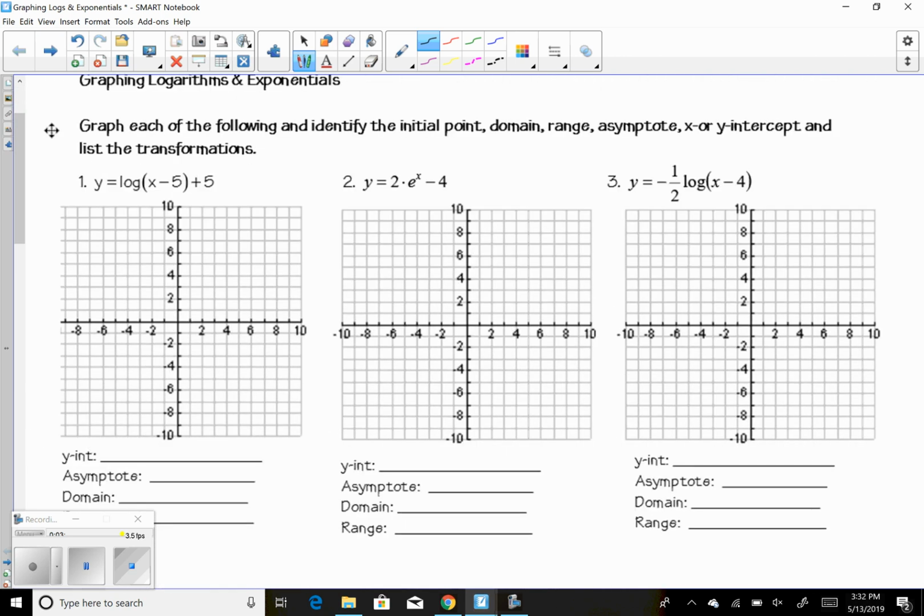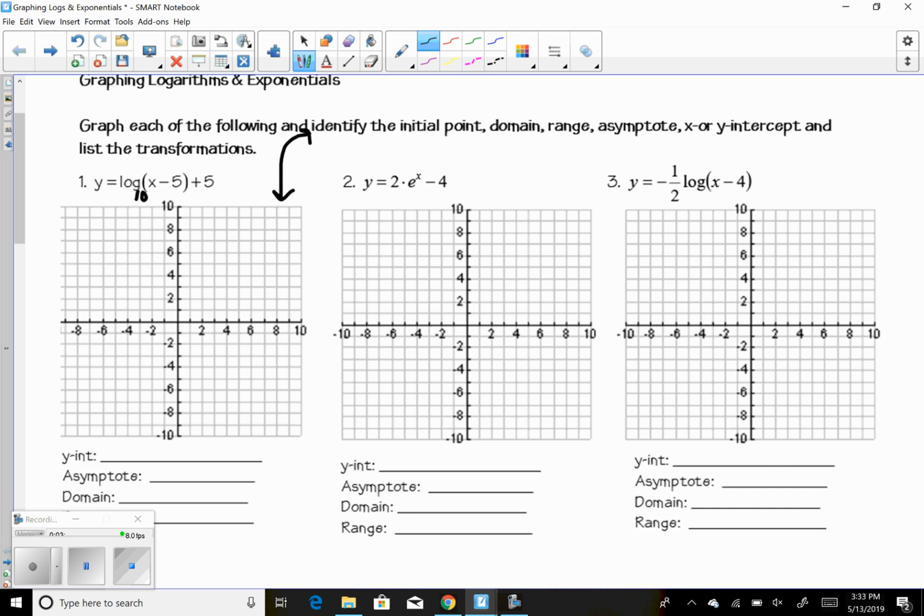So we got 5 questions that we're going to look at. Number 1, y equals log of x minus 5 plus 5. First thing here, hopefully you realize that when there's no base written out, it's understood to be a 10. The base is bigger than 1, so it's going to be log growth, and log growth takes on this general shape here.